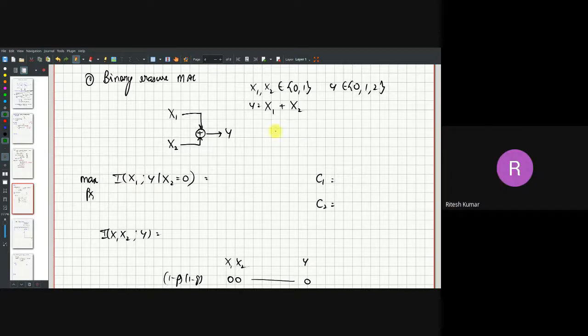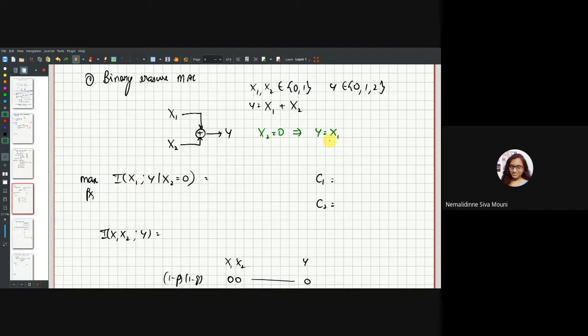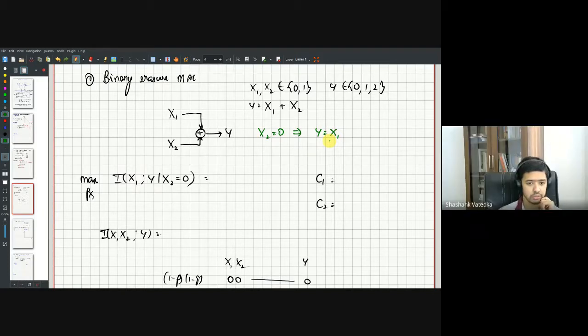So what is y equal to? x1. It will be just I of x1; y. Can you say? What is I of x1; y equal to?